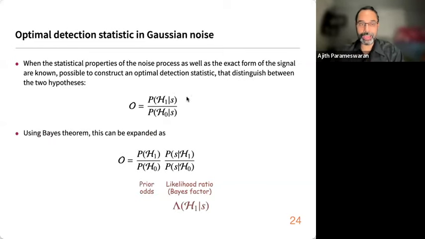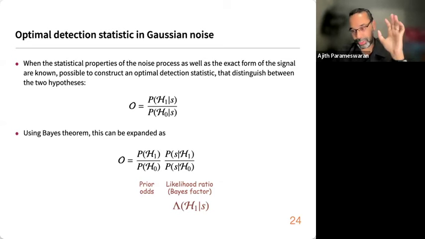We have this good old Bayes theorem, which tells you that the posterior distribution of H1 given data can be split into a product of the prior distribution of H1 times the likelihood of S given H1.